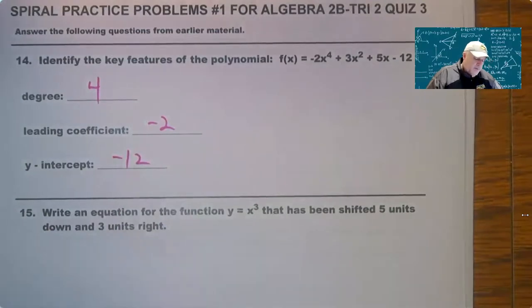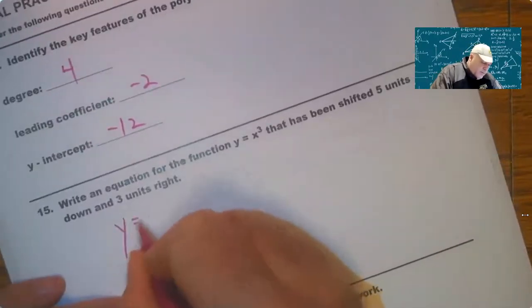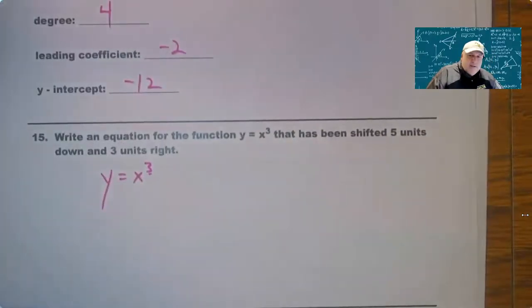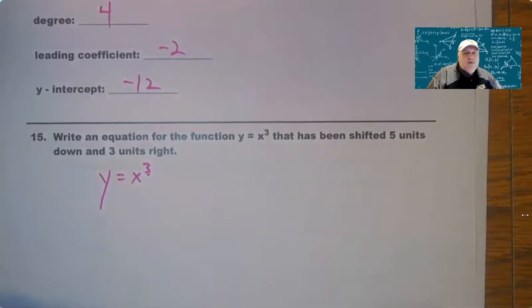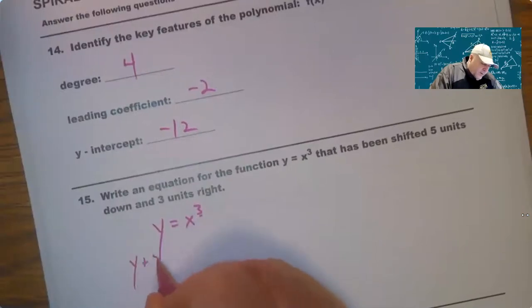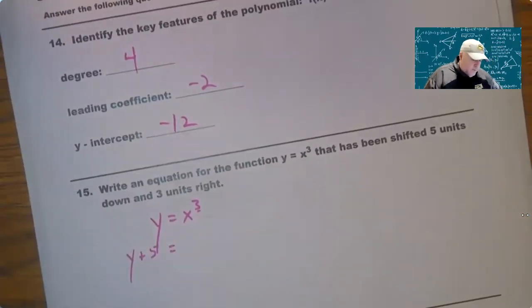Write an equation for the function y equals x to the third that has been shifted 5 units down. So I'm going to do this in my head now instead of doing those transformation substitution tables. 5 units down, so y plus 5 has to go in for y, and 3 units right.